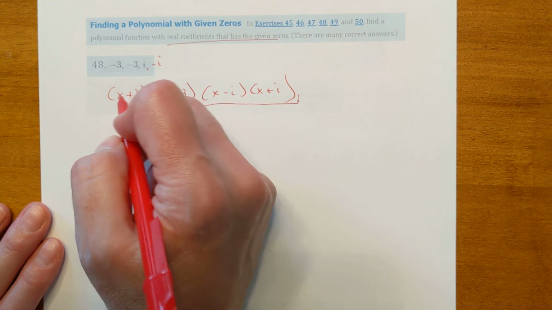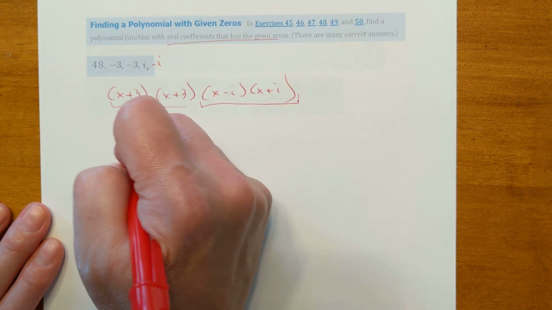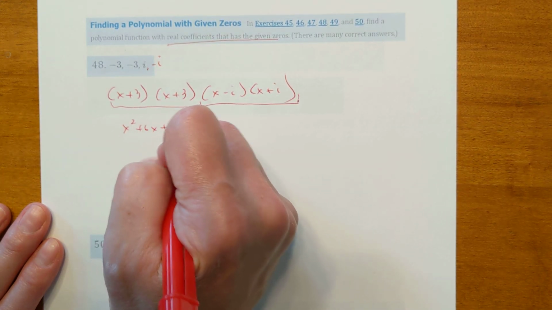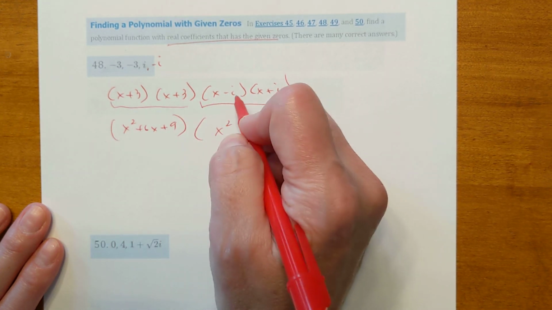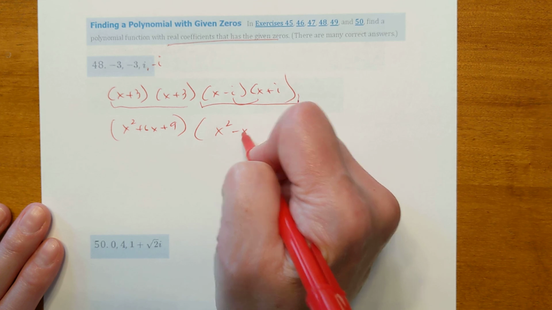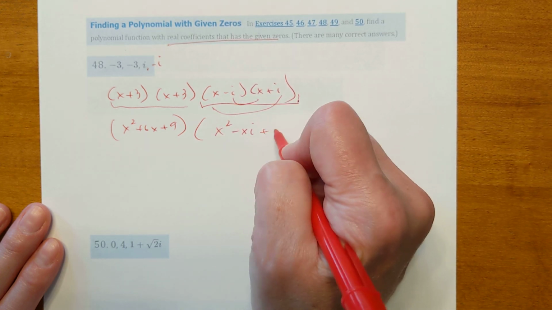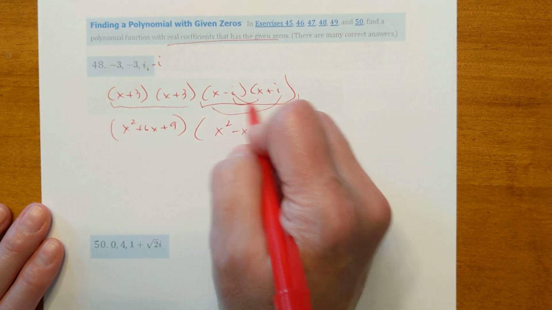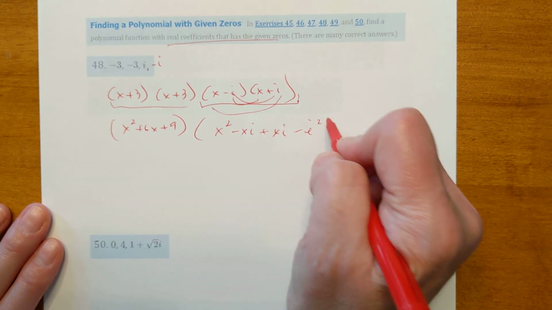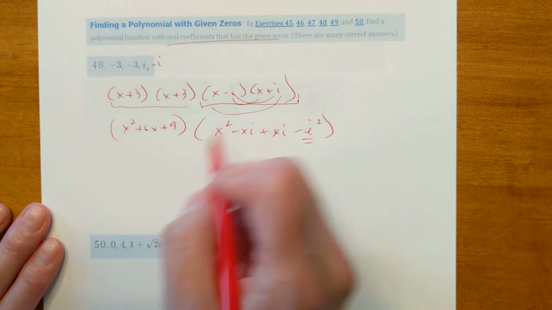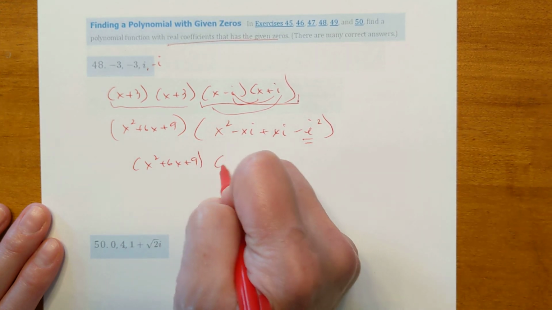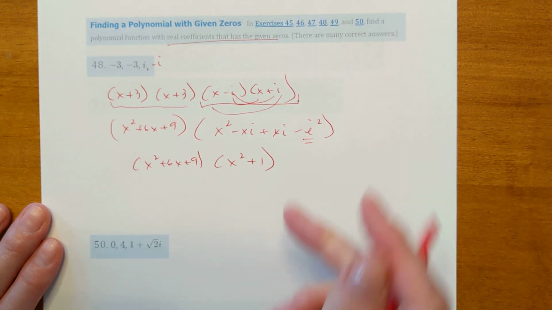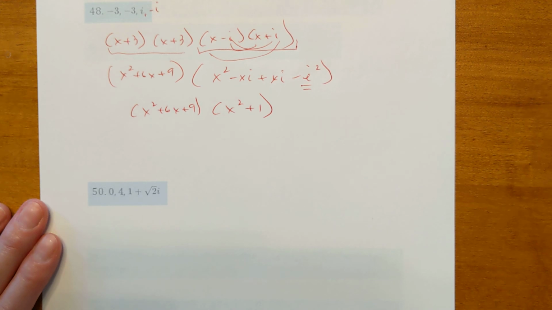You'll see. Over here, if you FOIL that out, you get x squared plus 6x plus 9. FOILing this one out, you get x squared, and then negative xi, positive xi, and then last of all, you get a negative i squared. And remember, i squared is negative 1, so that turns into x squared plus 1. And then you have to keep going. You have to FOIL that out now.